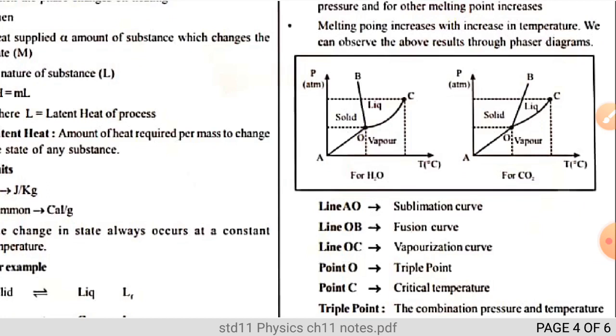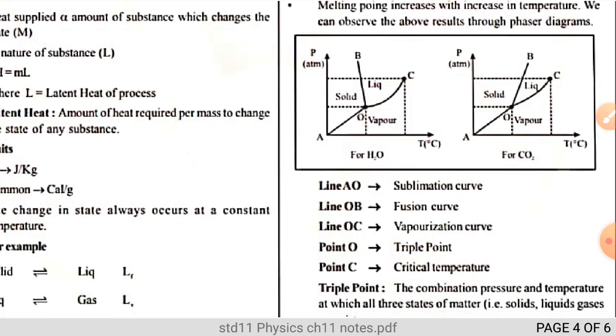OC is the vaporization curve, liquid to vapor. Point O is the triple point, meaning all the states of matter are connected at that point. That's why we call it the triple point, meaning at that point the substance behaves like three states of matter mixed together.